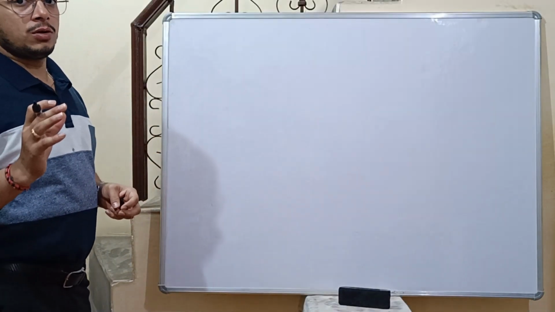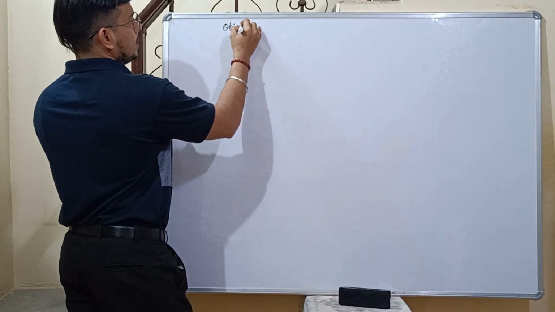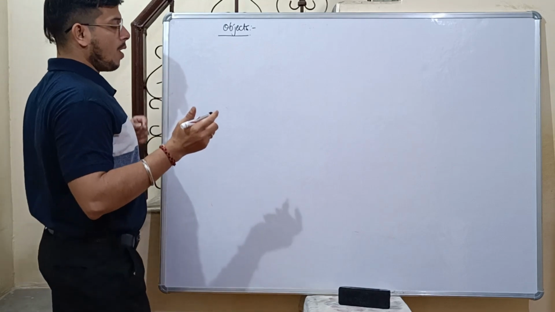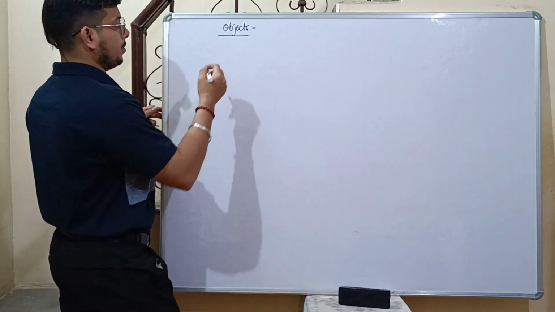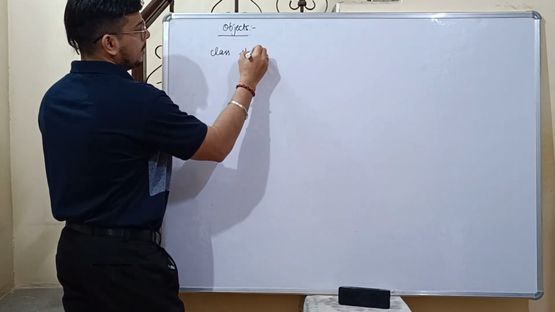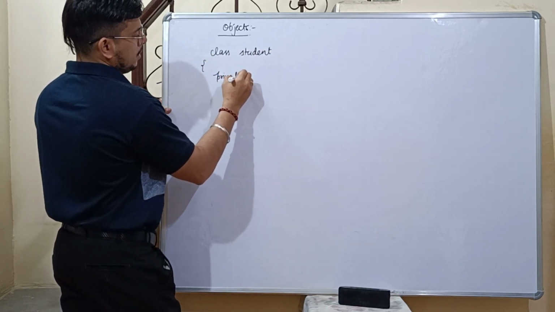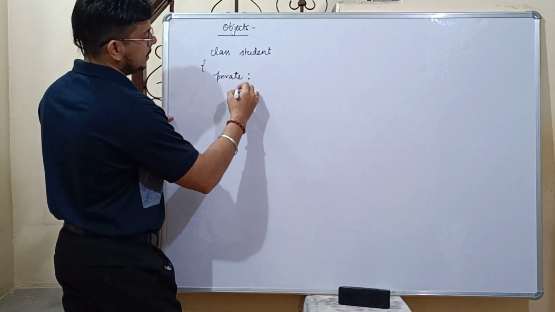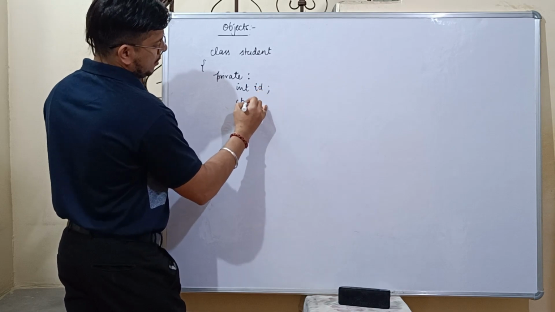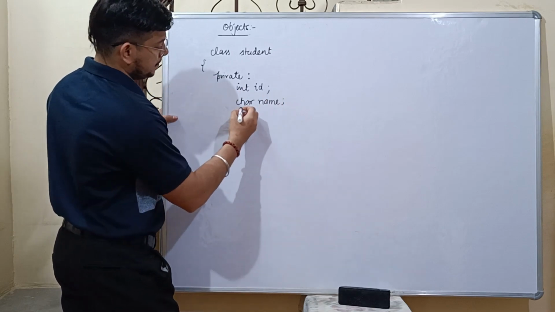So in this session of object-oriented programming, we are going to discuss objects. First we need to write a program. We have taken class student, with the private access specifier, and a character name.